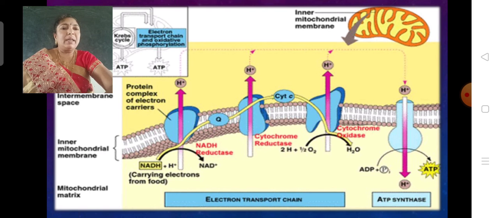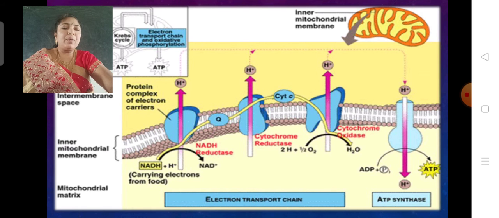Here it is the F0 F1 complex, in which ATP synthesis takes place, catalyzed by the ATP synthetase enzyme. Here ADP plus inorganic phosphate gives rise to ATP.